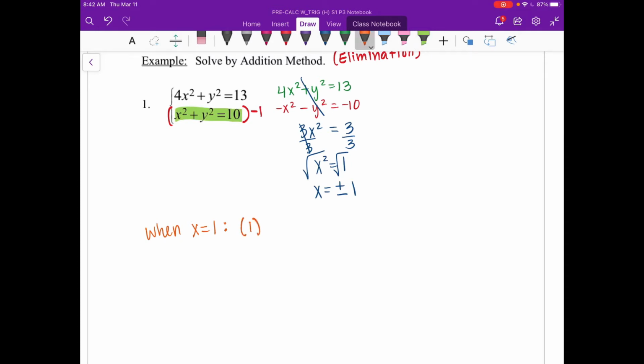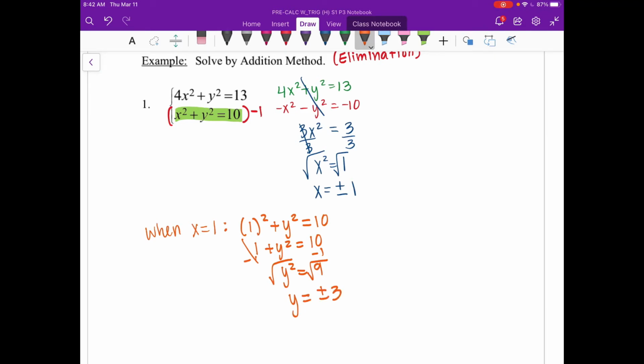So I'm going to go 1 squared plus y squared, which is what I'm solving for, equals 10. 1 squared is 1 plus y squared equals 10. Subtract the 1 over, and that gives me y squared equals 9. And I take the square root, so I get y equals plus or minus 3 again.